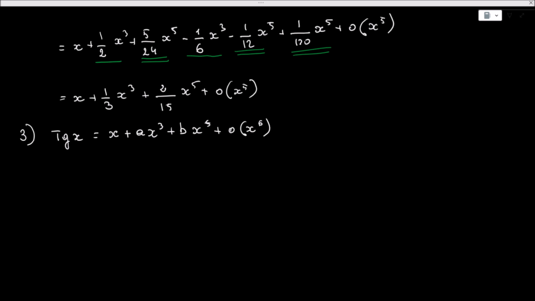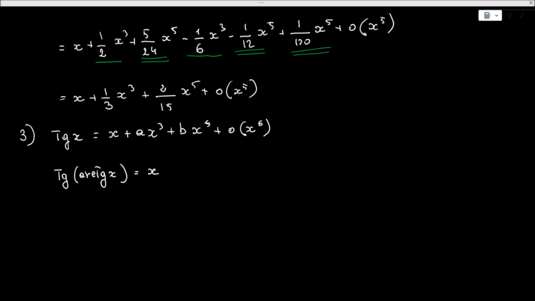And we will check at some point that these coefficients will be just like the ones that we identified in solution 2. Now the trick is the following. We can write tangent of arc tangent of x, which is simply equal to x, because these two functions are one the inverse of the other.